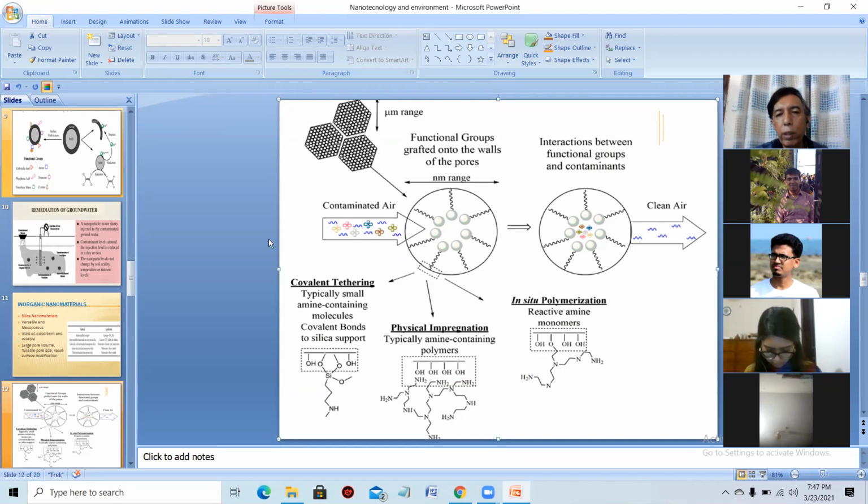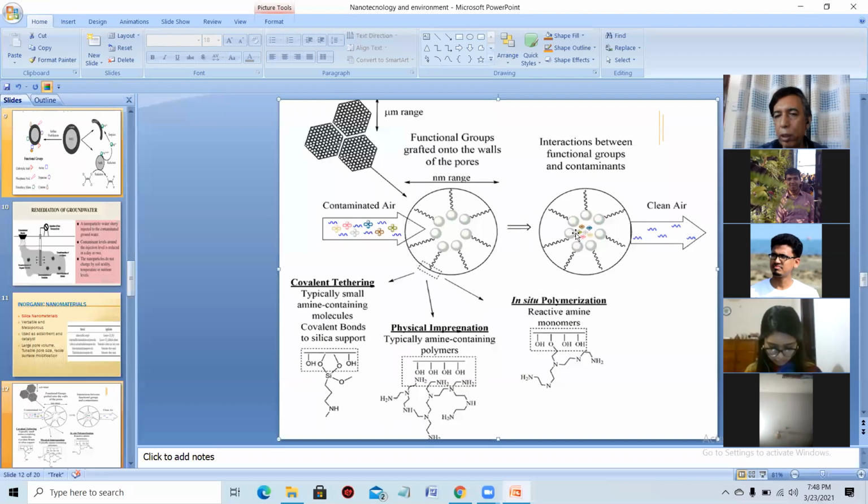So if contaminated air goes inside this type of silica nanomaterial, then the molecules or the atoms that contaminate the air settle here, and clean air comes out.